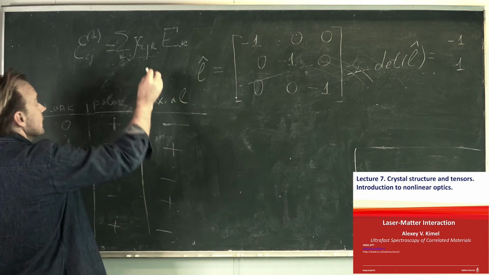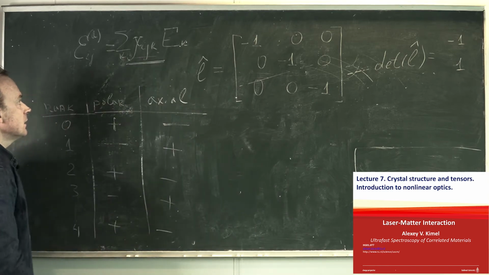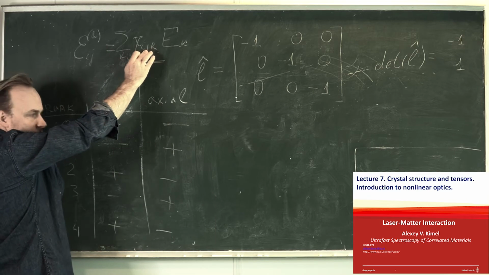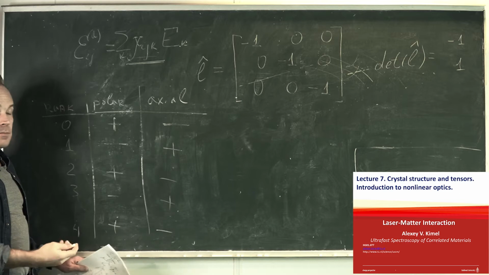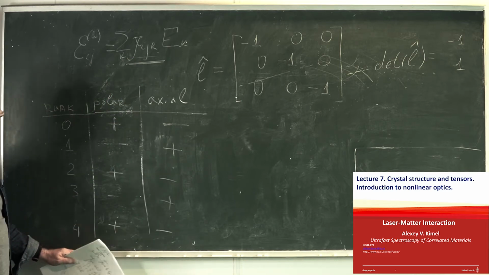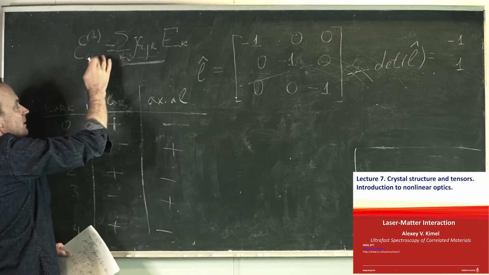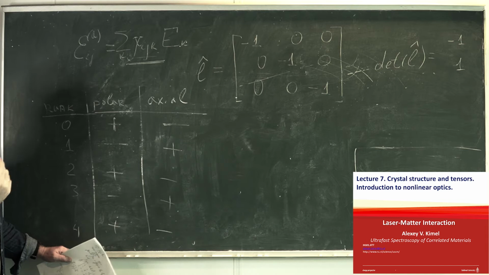Well, now it is an interesting question and a good exercise. Is it a polar or axial tensor here in this expression? Let's analyze. Let's perform the operation of space inversion and look at how the elements in this equation change. Here it is very important to refer to our knowledge of physics.